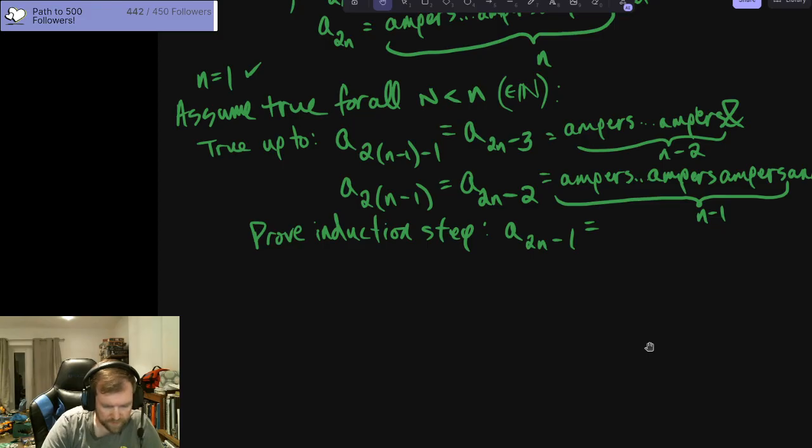Because we don't have to prove it for n plus 1. If we assumed it's true through n minus 1, then we have to prove it for n.